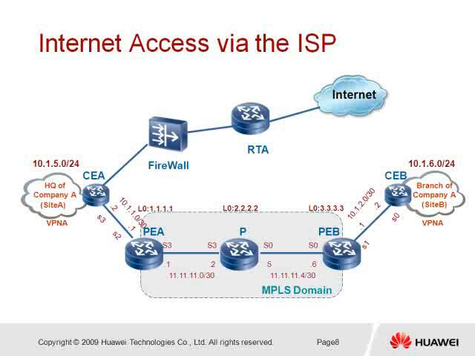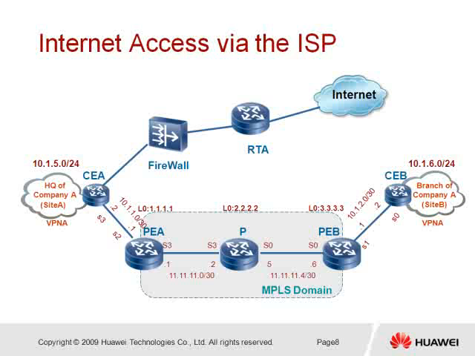Then the VPN instance VPN A in PEB will learn a default route through MP-IBGP, and it will distribute it to CEB through eBGP. So the user of the site connected to CEB can access the Internet through this default route. The firewall connected to the central site CEA provides the security and the net service for the user of VPN A.